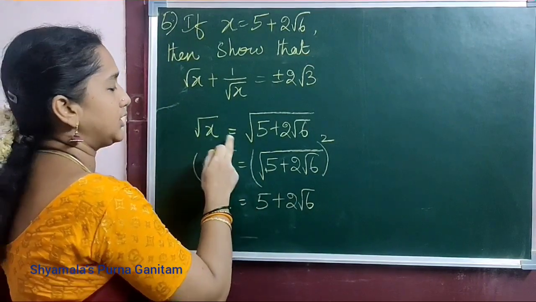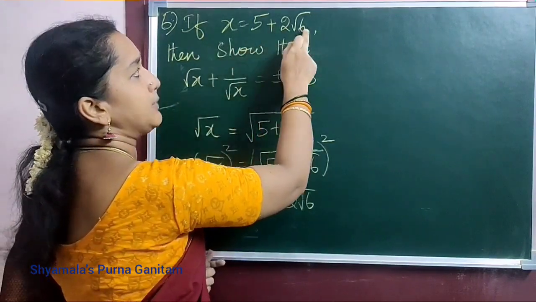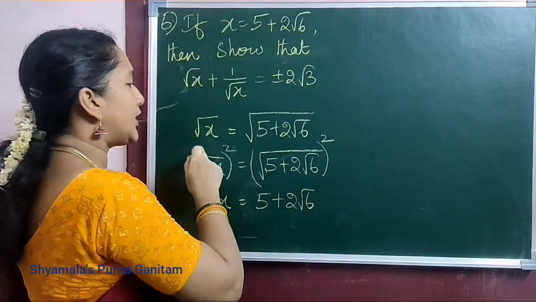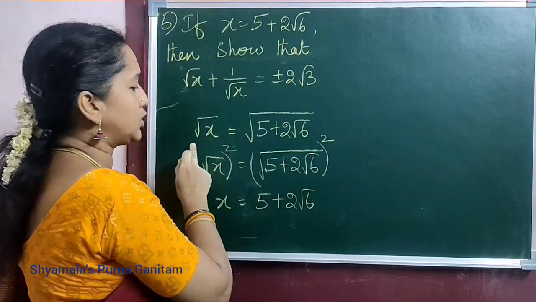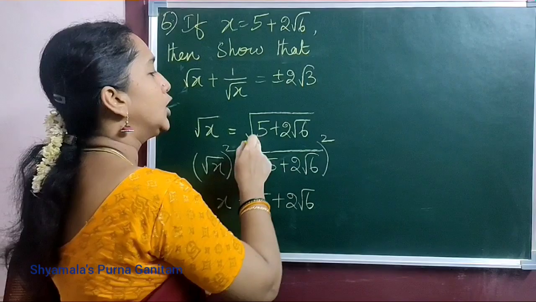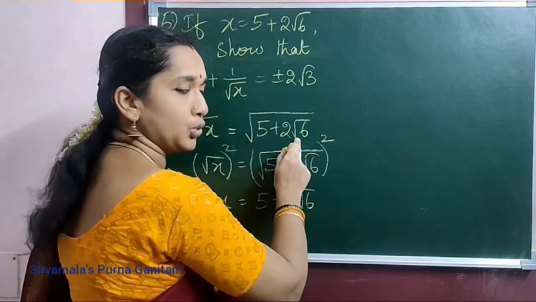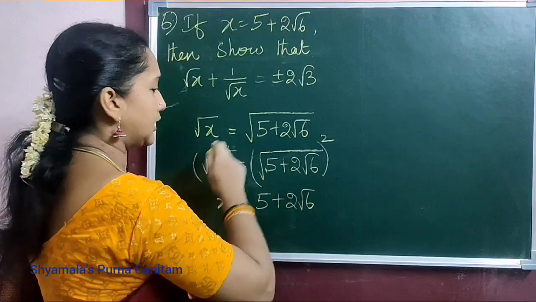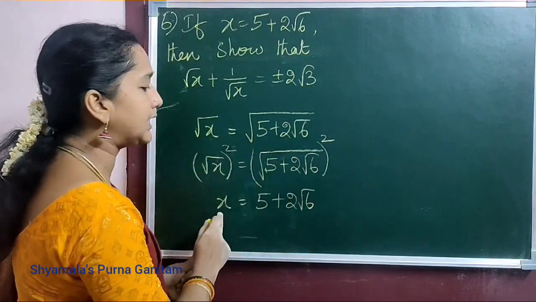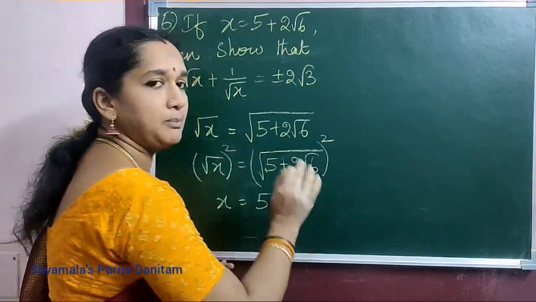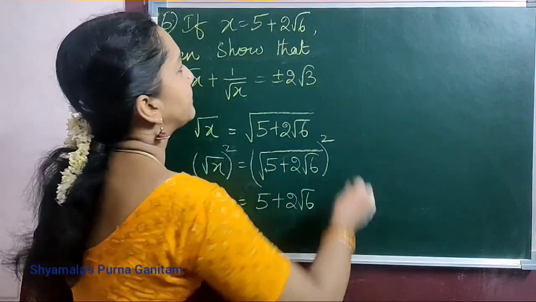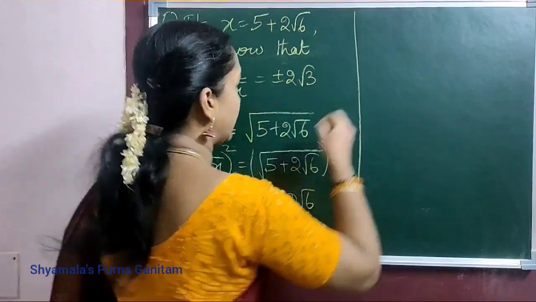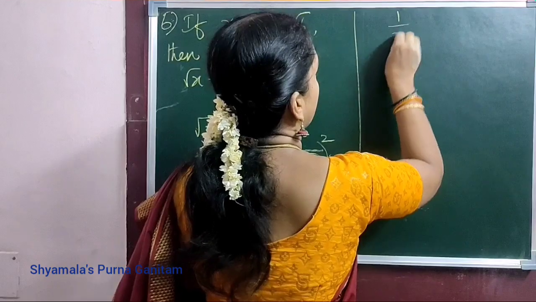So here x value is given as 5 plus 2 root 6. When you take root x, root x is equal to root of 5 plus 2 root 6. Then if you do root x the whole square, that root will get removed. You will get the x value as 5 plus 2 root 6. Okay. So with the continuation of this, we will find 1 by x value also.